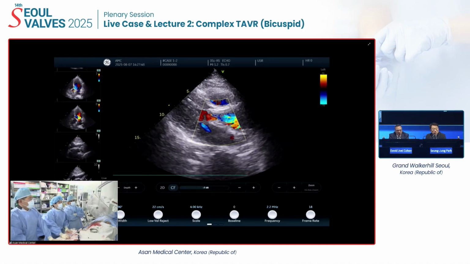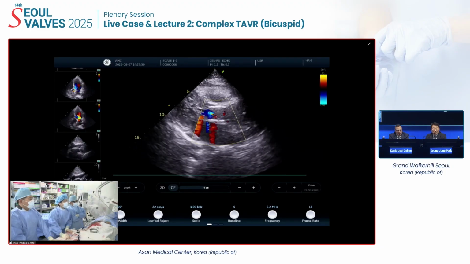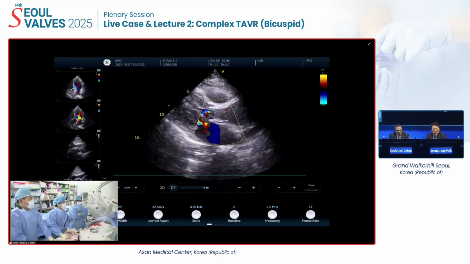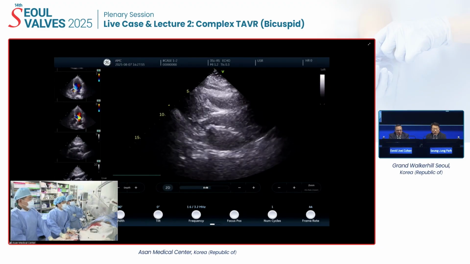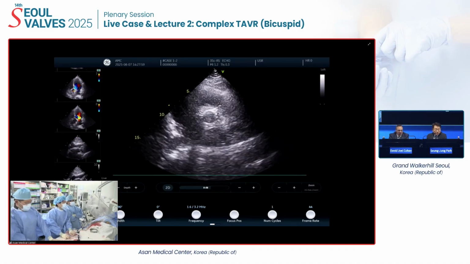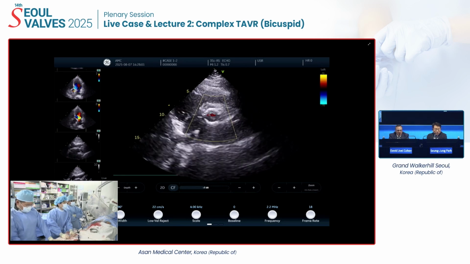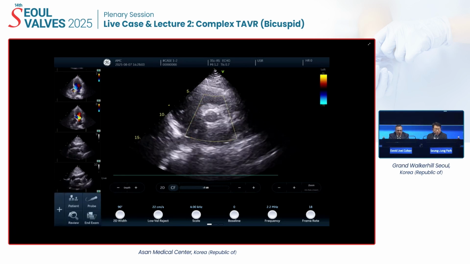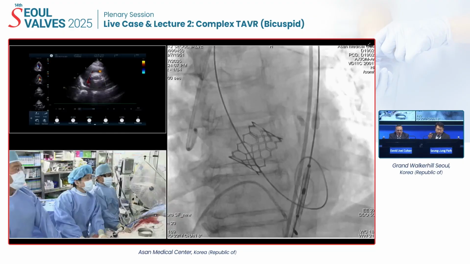Mainly central. Diastolic pressure is around 50. I think you need to just take the wire out. Wire related. Good. Nothing paravalvular. I don't see.